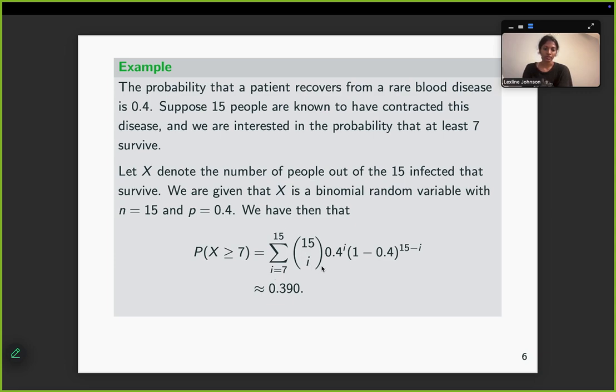Then we have our probability of success, which is 0.4, and our probability of failure, which is 1 minus 0.4, which is 0.6, to the power of n minus x. If we calculate the summation, we get 0.390 for the probability that x is greater than or equal to 7, so at least 7 people survive.